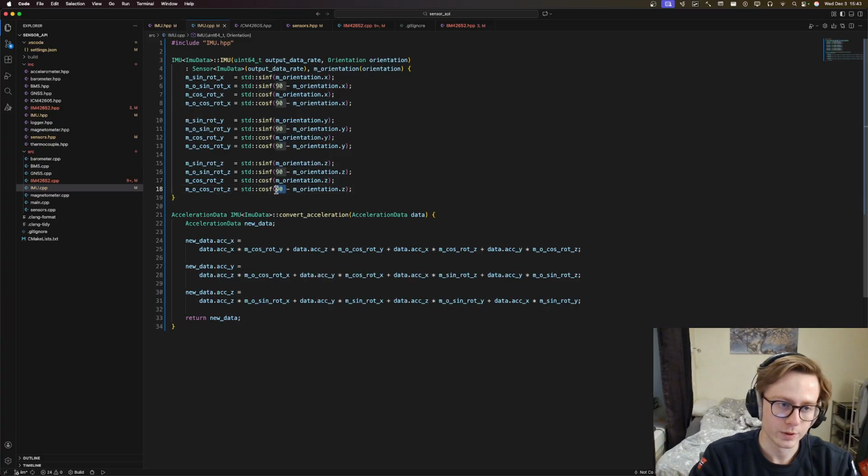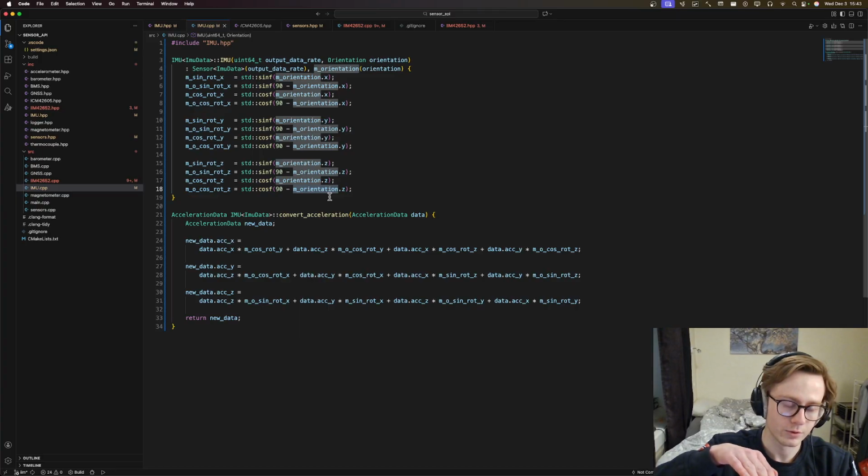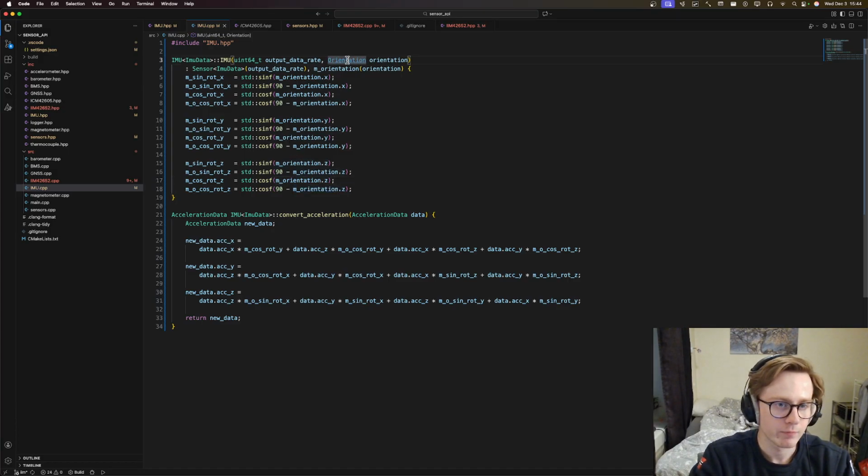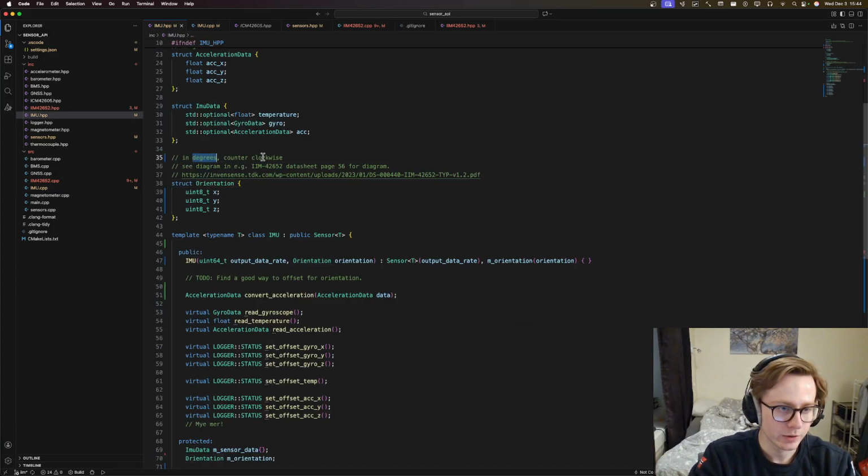There's one possible bug if you input a rotation which is not... no. If you input correct rotations, this should be fine. Yeah, I think it's fine. We'll see here. In degrees counterclockwise.